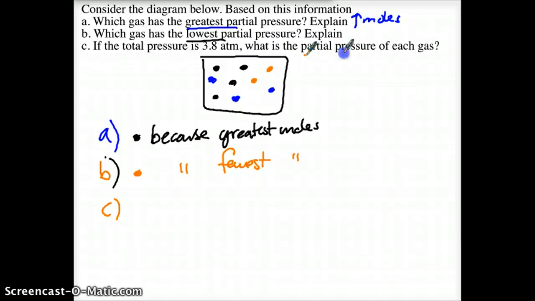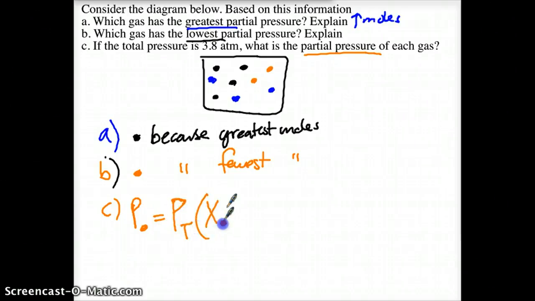Okay, so I'm thinking backwards. Goal, partial pressure. What do I know about partial pressure? Well, I know that partial pressure of, for example, the orange is going to be equal to the total pressure times the mole ratio of the orange. So in this case, that's going to be the total pressure of 3.8 times the mole ratio.